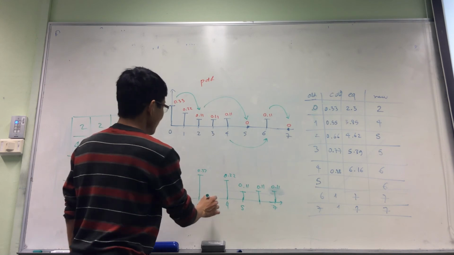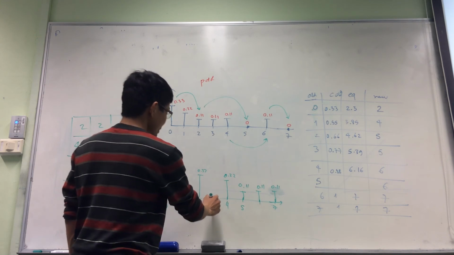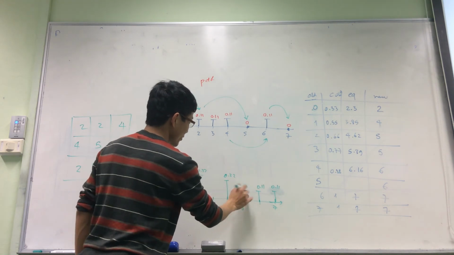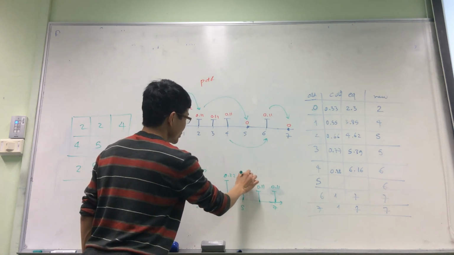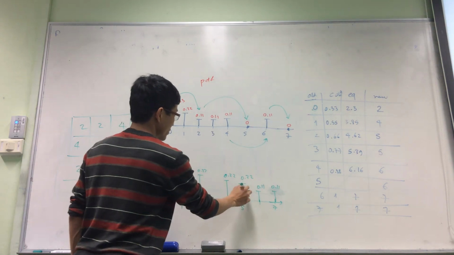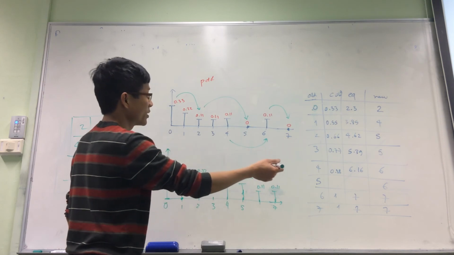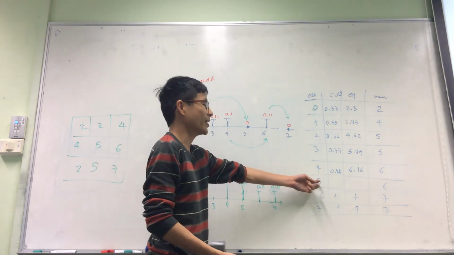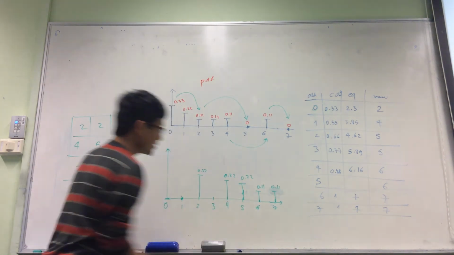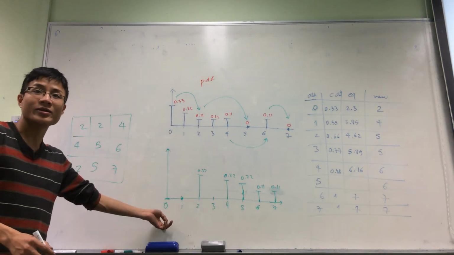No more at 3, so all the 3 here go to 5. So 5 now got another one, so you got 0.22. There's no 5 in the original. Here you go, this one is the histogram after equalization.